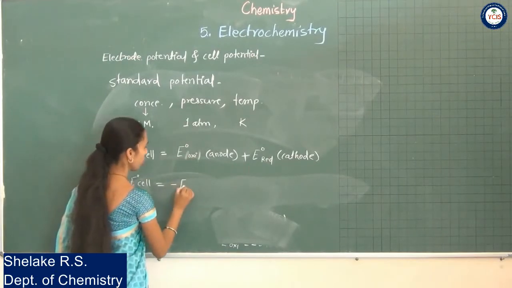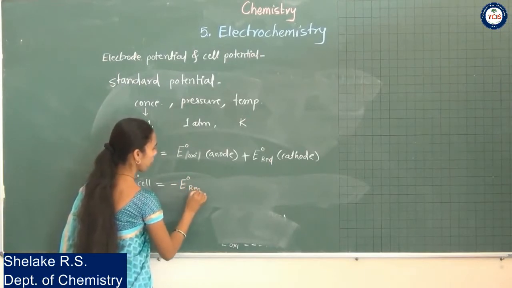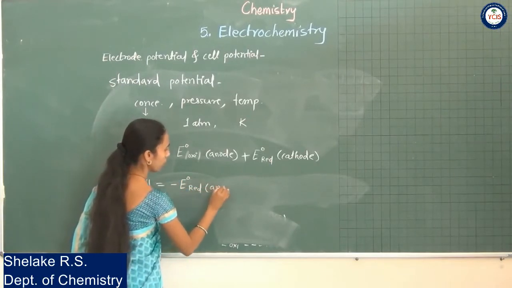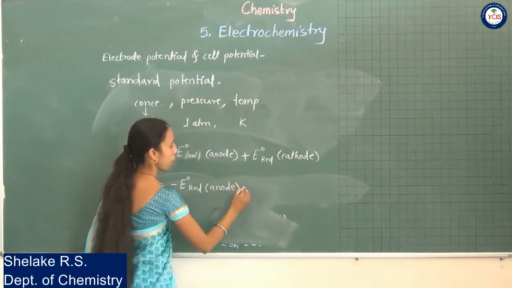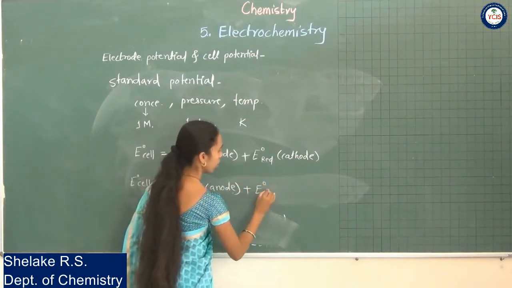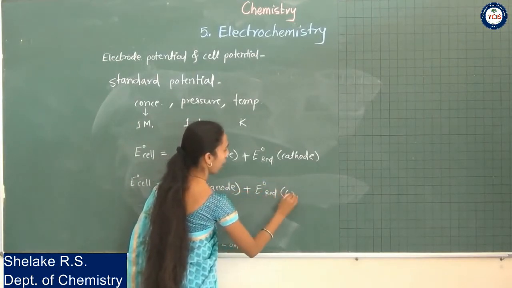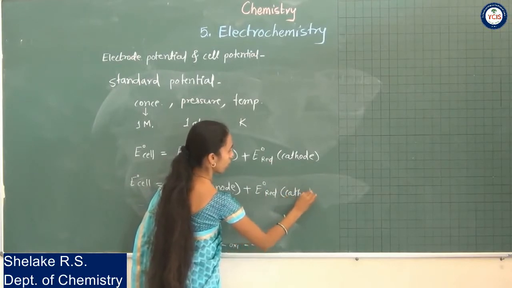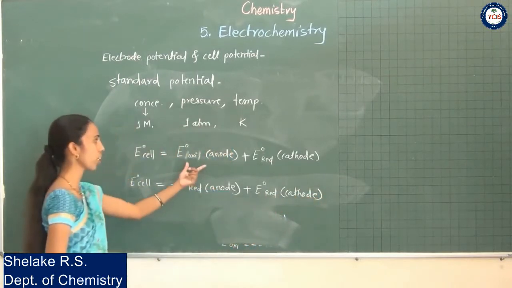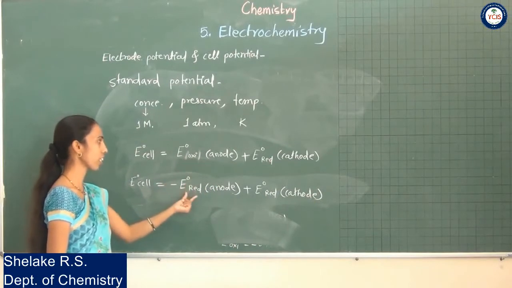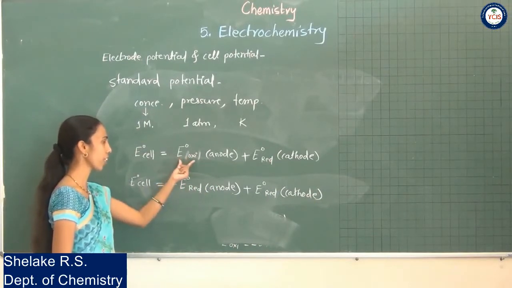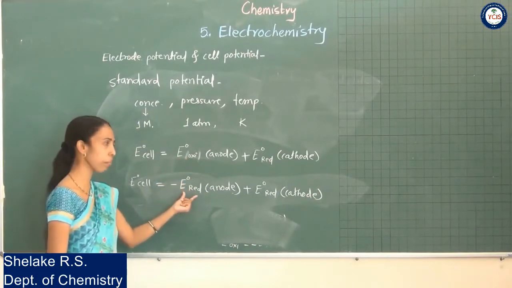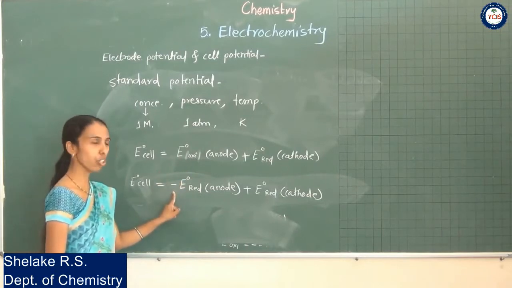So E0 reduction at anode plus E0 reduction at cathode. What I have changed here is only that I took reduction instead of oxidation, because the value of E oxidation and the value of E reduction are the same, only there is a change of sign.